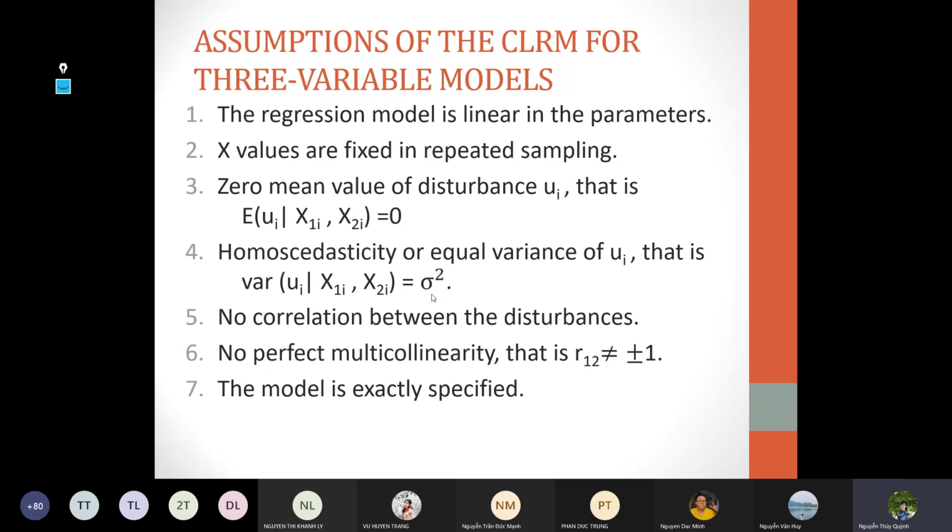Remember that if you do not have the important independent variables in your model, the slope or the regression coefficient here will not be the best.